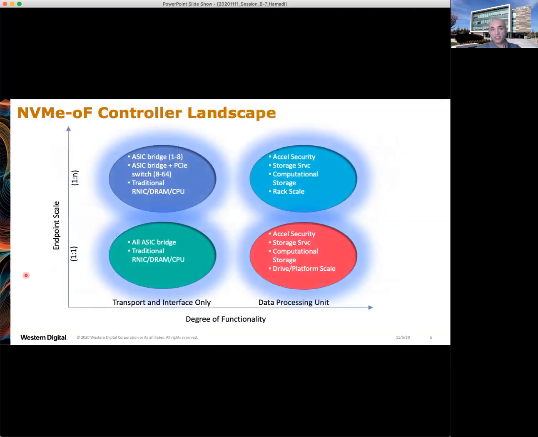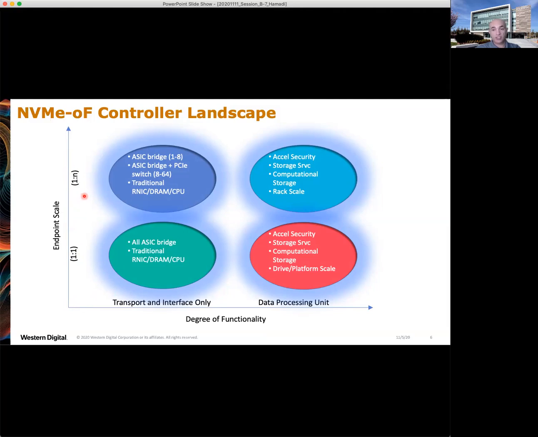Now let's move our attention to the NVMe over Fabrics controller landscape. On the x-axis, we have the degree of functionality, starting with transports and interfaces only, going all the way to data processing units, representing today's DPUs and so on. On the y-axis, we see the endpoint scale, starting from one-to-one scale, which is prevalent in the transposer model, all the way to one-to-n scale, where a certain controller, in some cases an ASIC controller or a SmartNIC controller, could cover a number of drives.